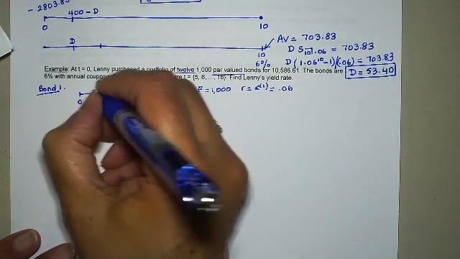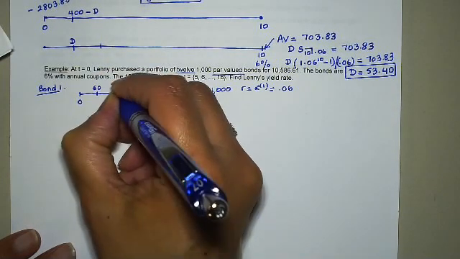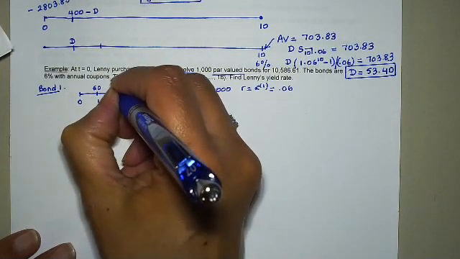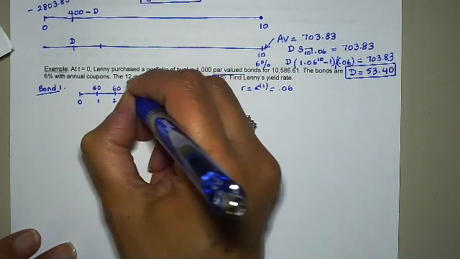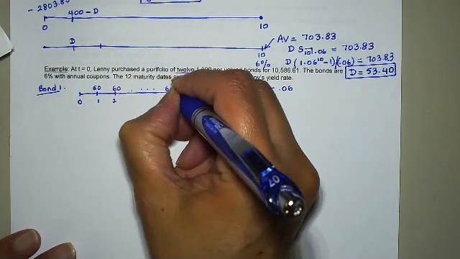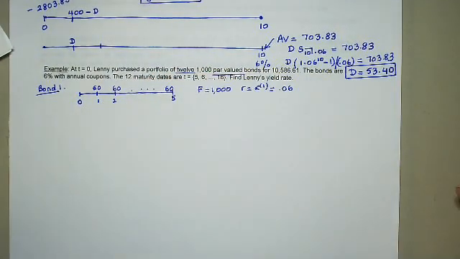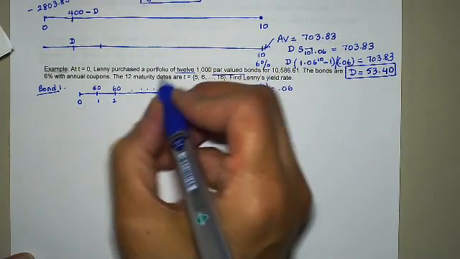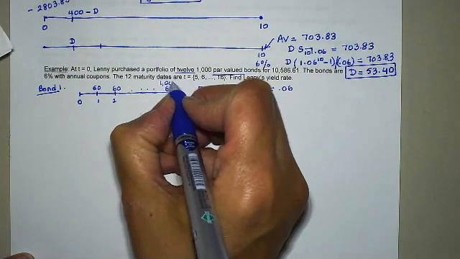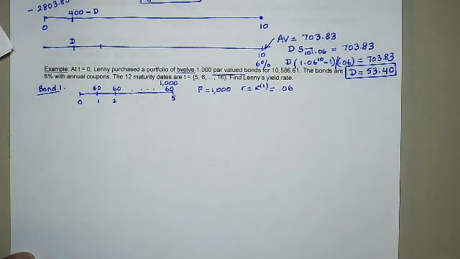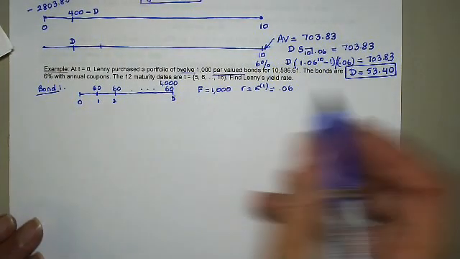So the first year it's going to pay a coupon of 60, and the second year a coupon of 60, and the fifth year this continues, coupon of 60. And it's a par bond, so not only will it pay 60, but it will also pay a redemption of 1,000. Agree?